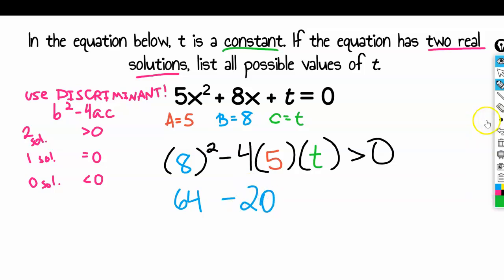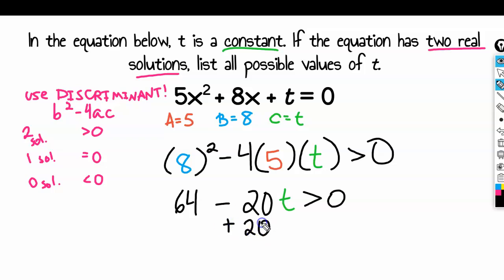And then t, and I'm actually going to change these to be black also. And then I'm just solving for t, you know? So I'm solving for t. It doesn't really matter the order you do this in, guys.